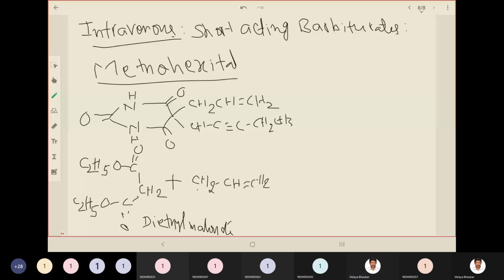This is the third position because the double bond gets the priority. So it is propene, 3-bromo propene. Okay. So what do we add? We add sodium ethoxide, C2H5ONa.